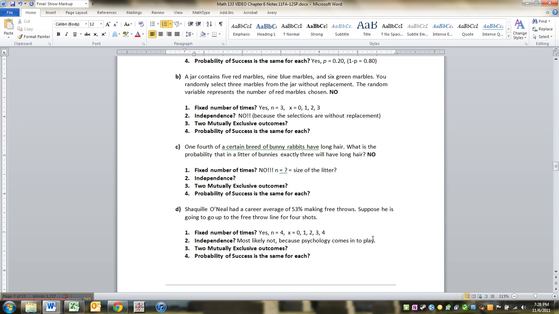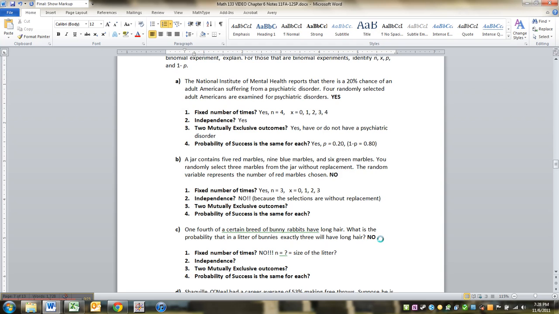I'm not a pro player, but I'm just thinking psychology has to be part of the game. Otherwise, everybody would be robots out there, right? So I'm going to argue that they're not independent. And since they're not independent because he would get affected by whether he makes it or not, then that's not binomial either. So on this page, the only one that was binomial was the first one.